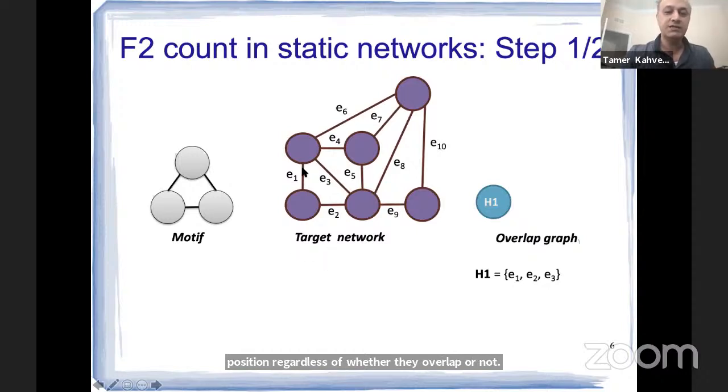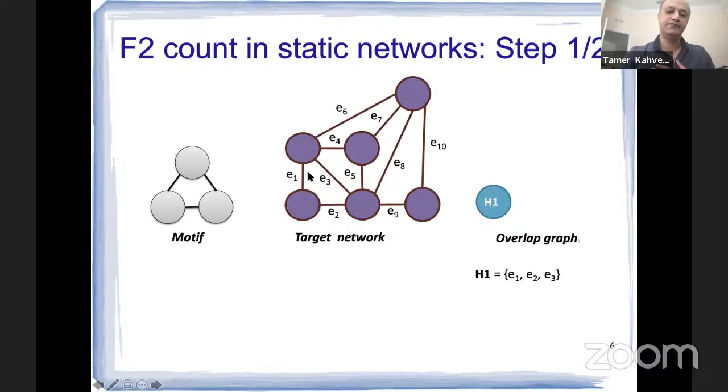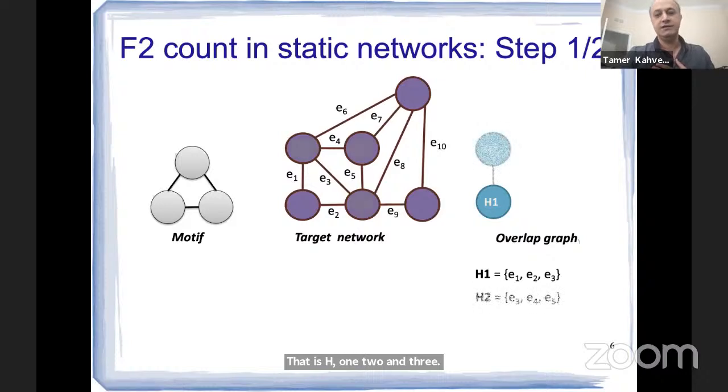For example, one possible placement is edges 1, 2, and 3. So I find this and I keep that information. And as I do this, I start creating a new graph, and I'm going to call this an overlap graph. In the overlap graph, each node corresponds to one possible placement of the motif on the target network. So for example, this one corresponds to H1, that is edge 1, 2, and 3. So I repeat this. I find the next placement of the motif, which is 3, 4, 5.